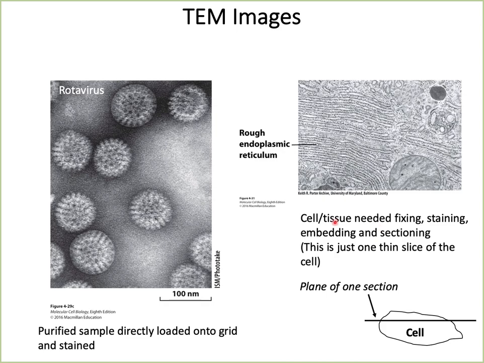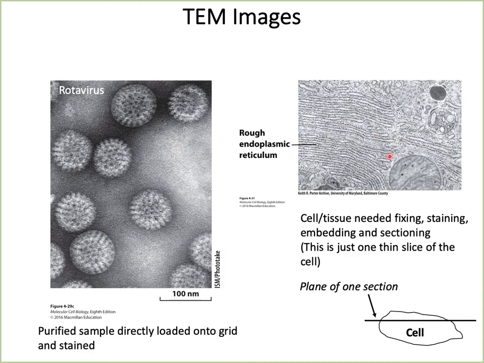On the other hand, right here, you can see that the cell tissue actually needed fixing, where you have a mitochondria. Right here, you have an endoplasmic reticulum. And what is the difference between them? These are extremely small viruses, 100 nanometers in diameter, so you can directly put them on the copper grid, on the formvar film.